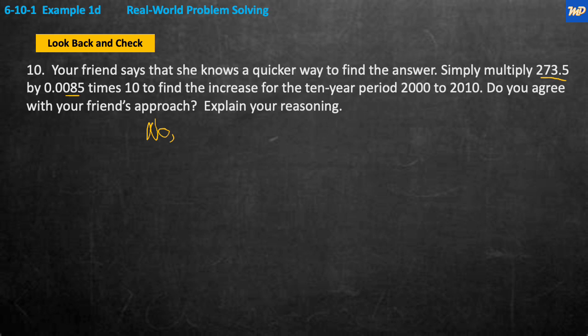She just says take 273.5 times 0.0085 and multiply it times 10. That increase will not match the exact answer because it will be too small. It'll be too small because you have to have a little bit larger number each time to be multiplying by the 0.0085. It might be close, but depending on what the percentage increase is, it could be wildly wrong. But I'm going to say no, it's too small. The increase should be higher than what she forecasts.